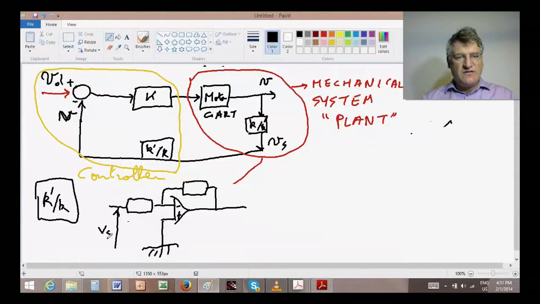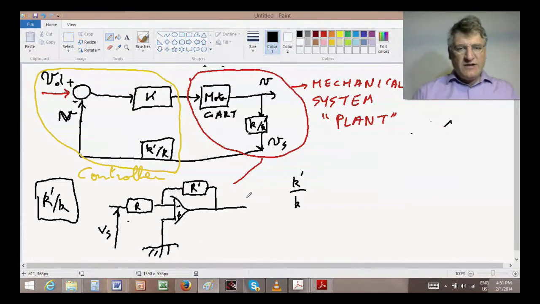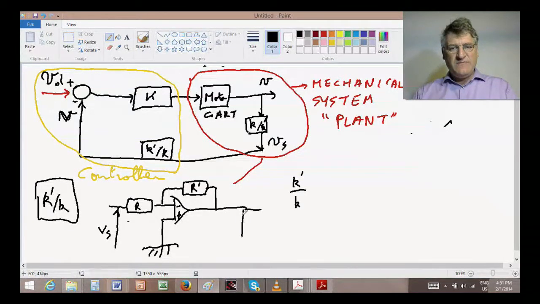is Vs, if we choose R and R prime to be equal to K prime over K, then the output will be minus K prime over K times Vs. We can now pass this through another op-amp design.